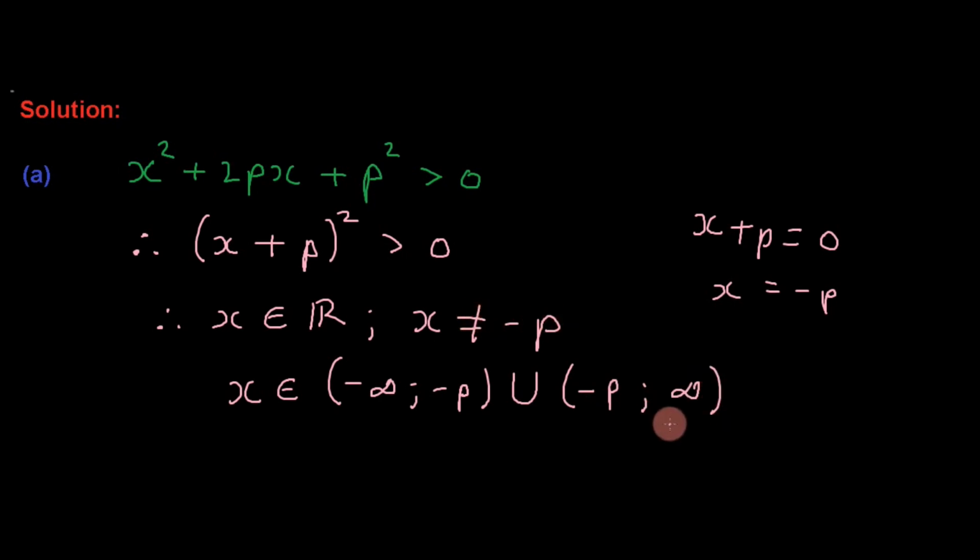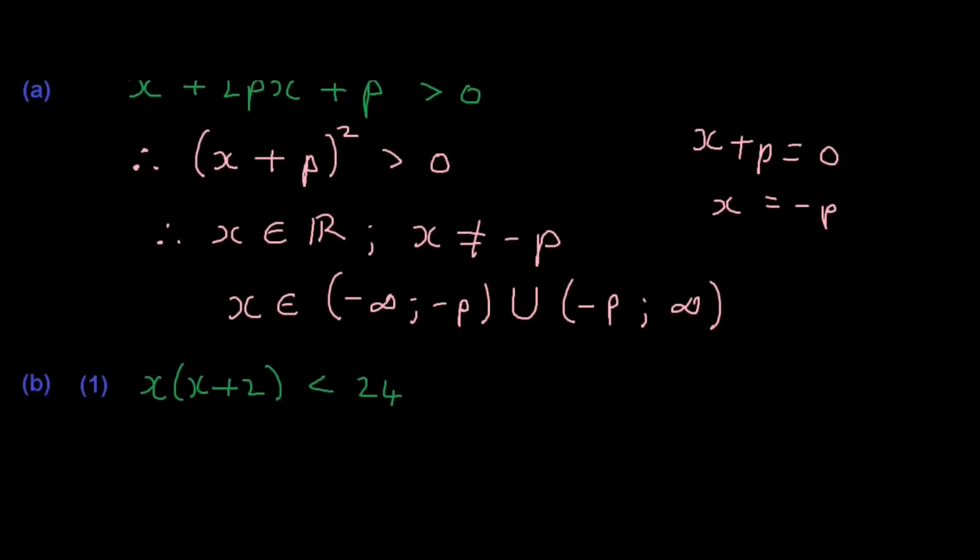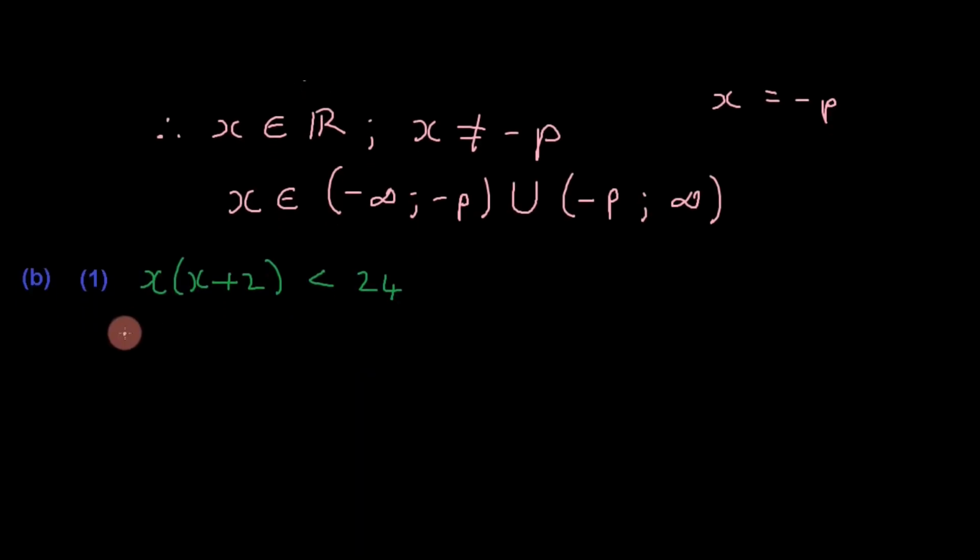Let's look at B. So in part 1 of B, we have to solve this inequality. And we're going to start by multiplying the x into the brackets on the left-hand side. We can also bring the 24 to the left-hand side. Now we can factorize.